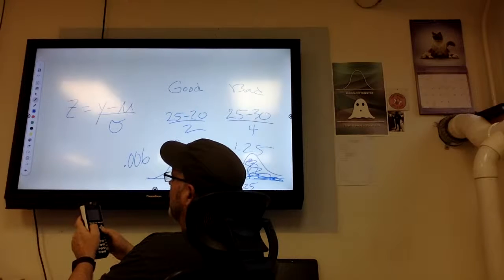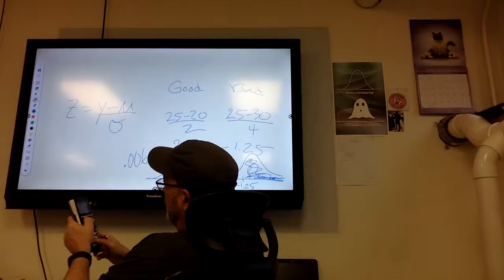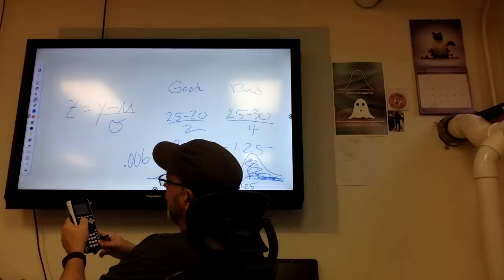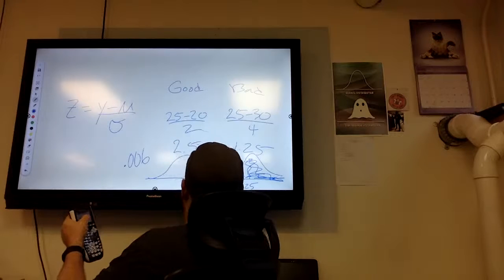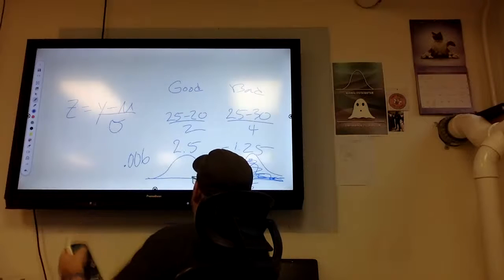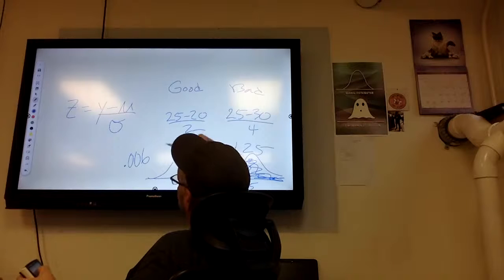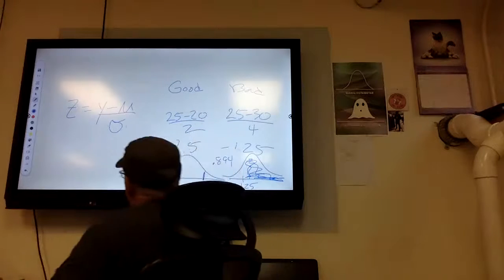Got to do it again. Negative 1.25, 99. And I get 0.894. Okay, I'm not done though, because it said there was a 90% chance that the weather is good.